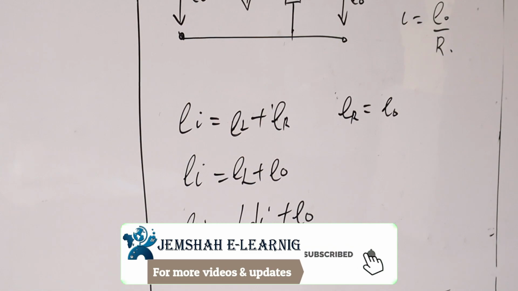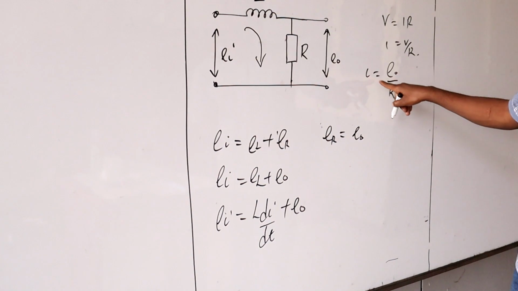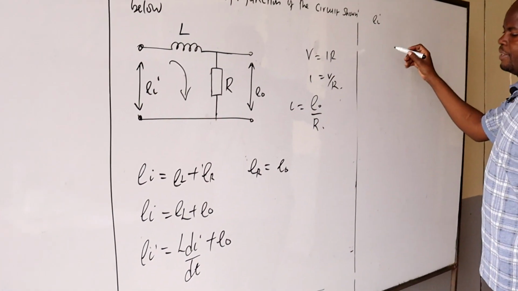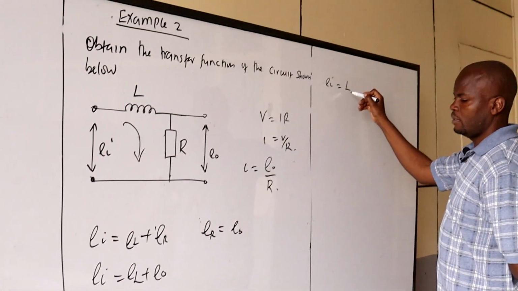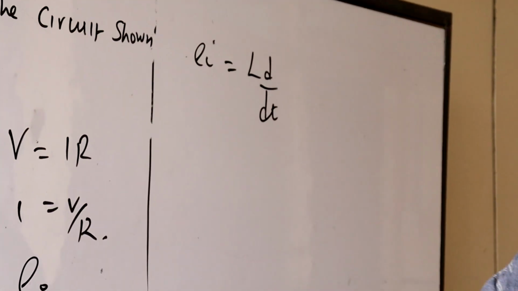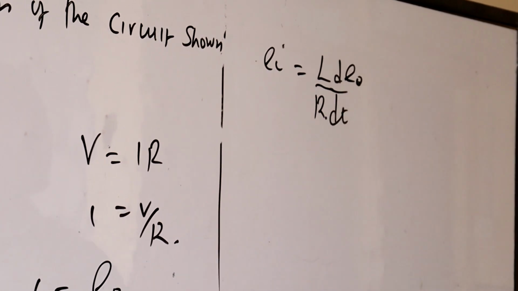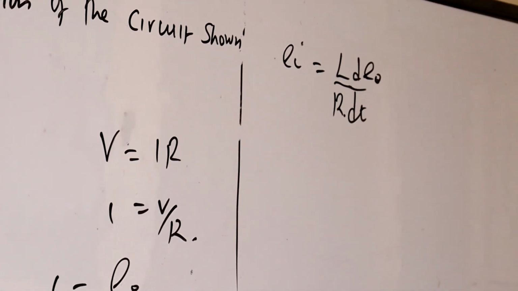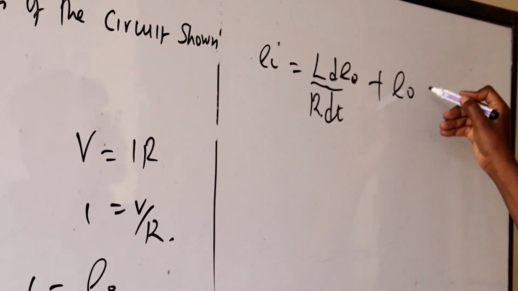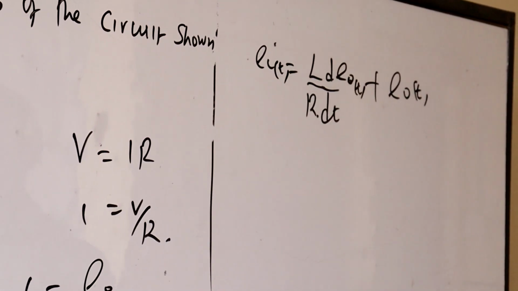So we can replace I with that, and therefore the equation will become EI equals L d all over dt times E out over R. And therefore, we are going to have L over R dE out all over dt plus E out. And of course, all these are in the time domain.